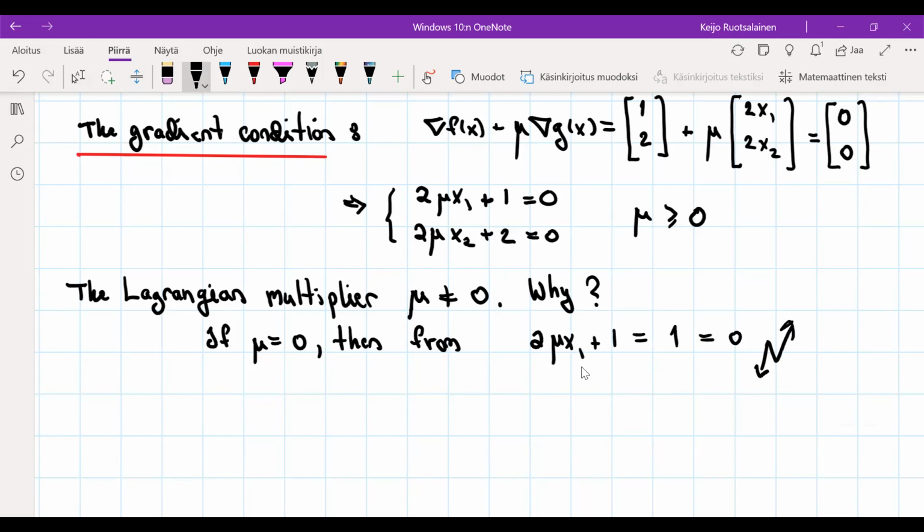It is a contradiction. It is impossible. We must have mu positive.